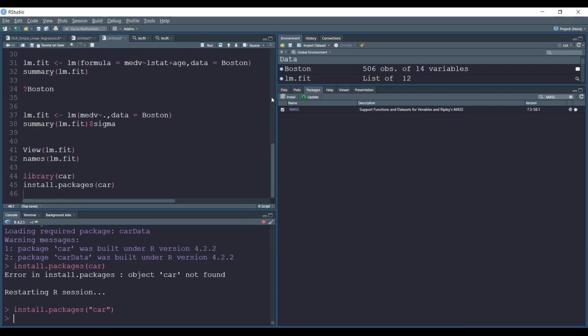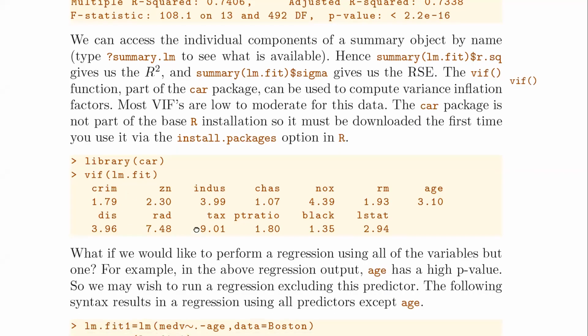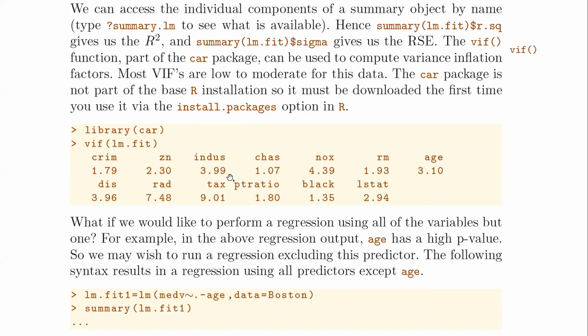While RStudio does that, we get these values. What if we would like to perform a regression? So we haven't yet explained, this is probably defined in the previous section, the variance inflation factor.